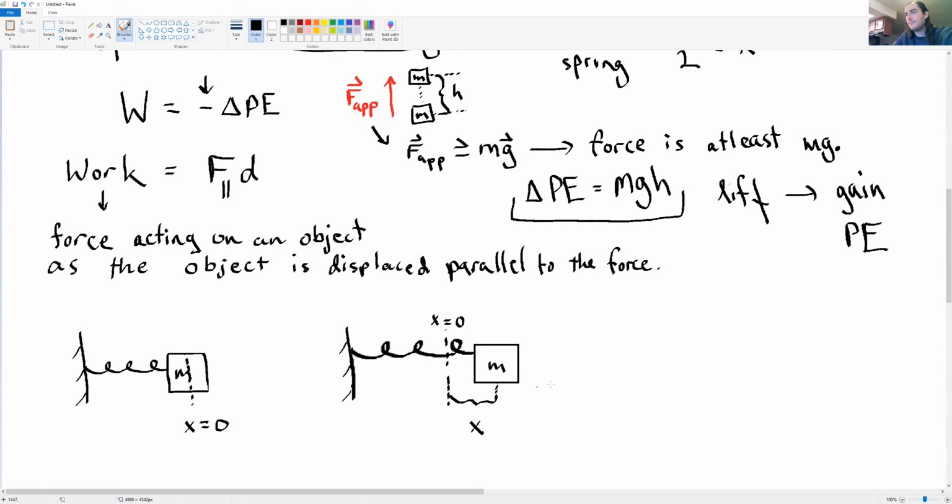So when we stretch it a distance x, if I just stretch it to that position, I'd have to exert a force which is at least kx, right, in the positive direction. And of course, the spring force on this thing, again, is in the negative direction.